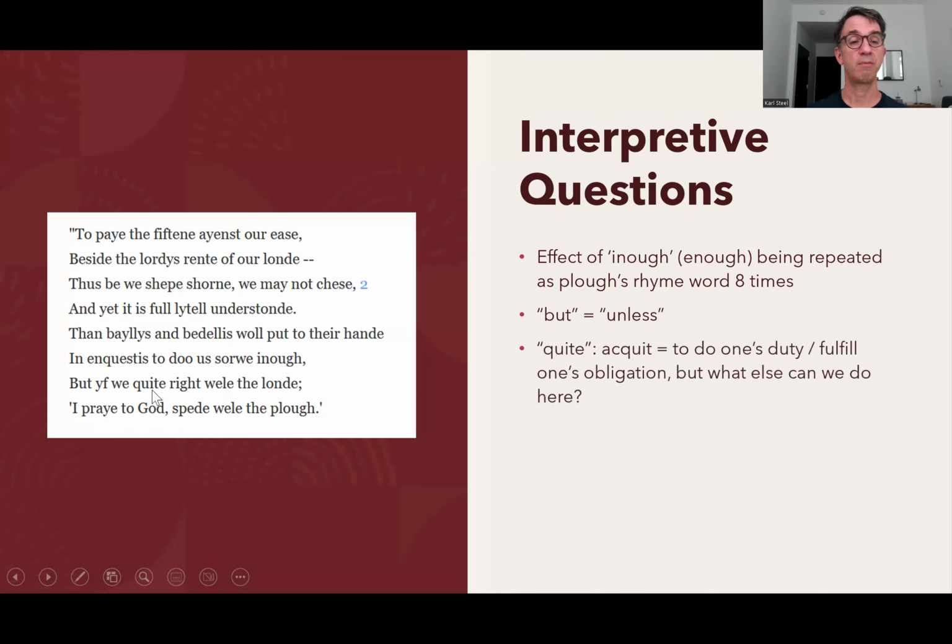But I think we could probably translate the word "quit" in a different way, especially if we repunctuate the last few lines of this. Remember, all the punctuation is something that a modern editor did, which means you can repunctuate it in a way that maybe allows you to produce a slightly different meaning out of this poem. That is something you can do creatively in relation to this poem. So we could play around with that as well on Wednesday.